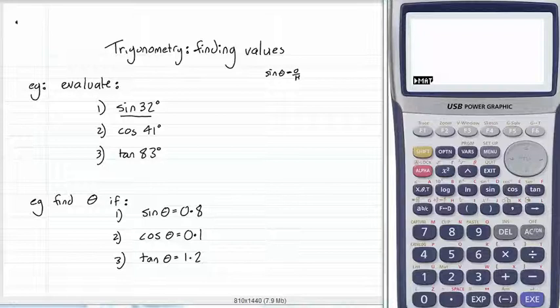Now, always make sure your calculator is in degrees mode. It should show on its screen a little D or DEG. The calculator I'm using here is different to yours, so this one's not much use to you to demonstrate that.